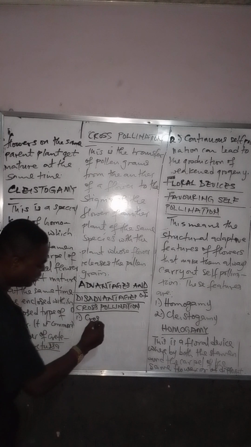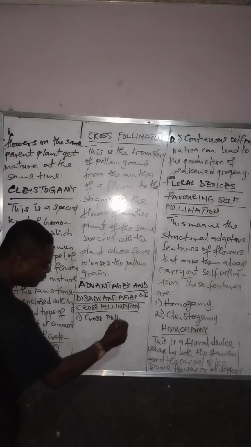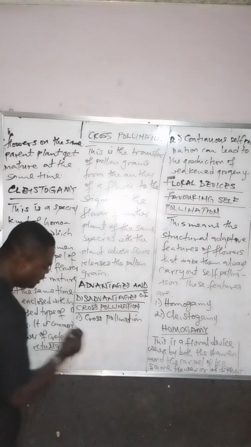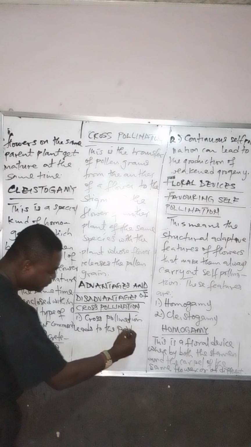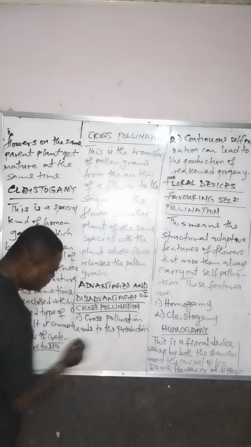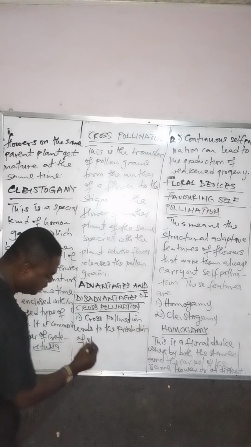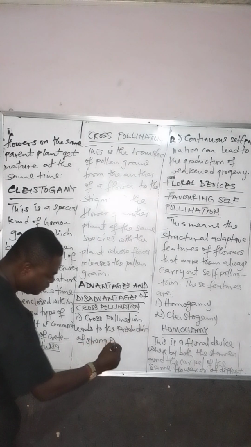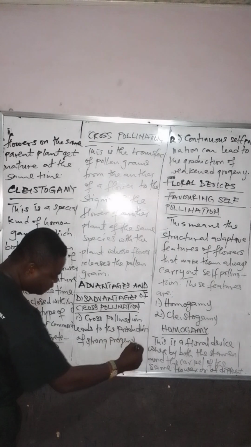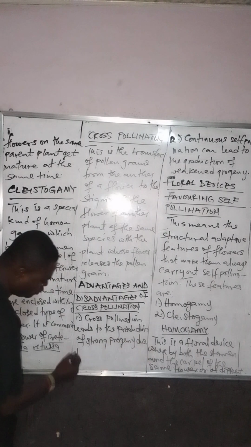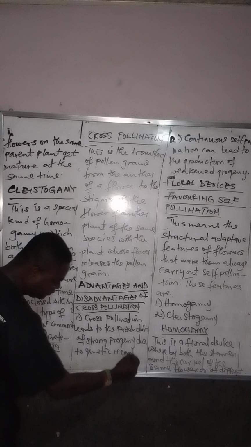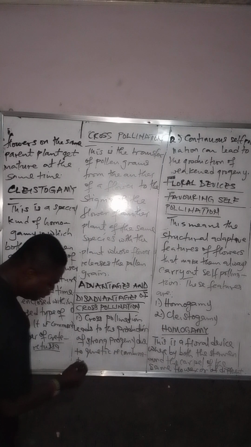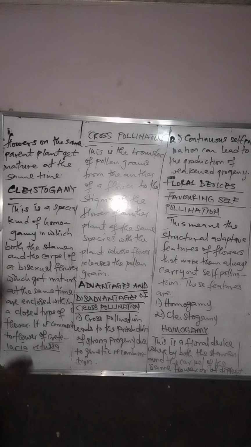So cross-pollination leads to the production of strong progeny due to genetic recombination.